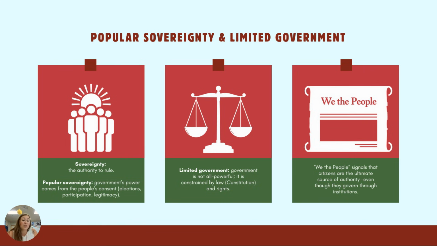It only has certain powers, and certain rights for us have been transcribed in the Constitution. So the Constitution, with its focus on we the people, really signals that ultimately the people are the source of authority in this system of government, even though it is governed through institutions that in many ways are powerful.